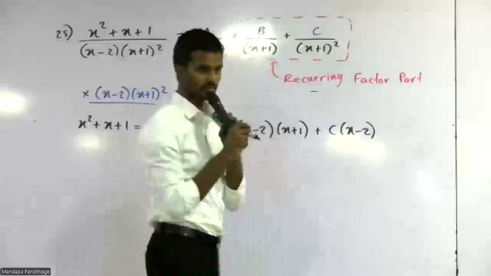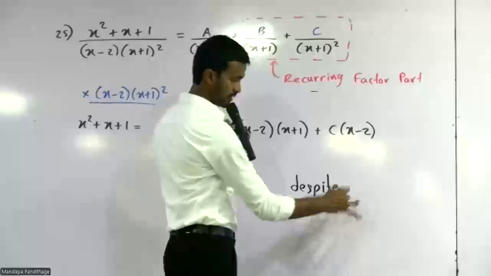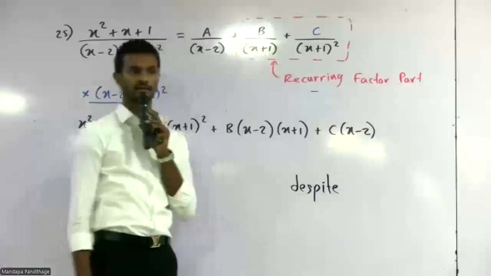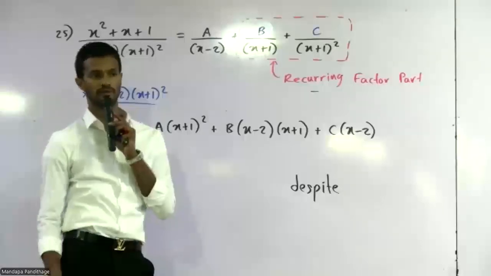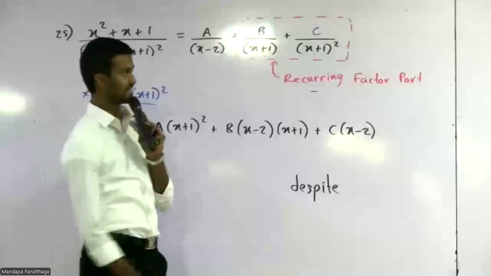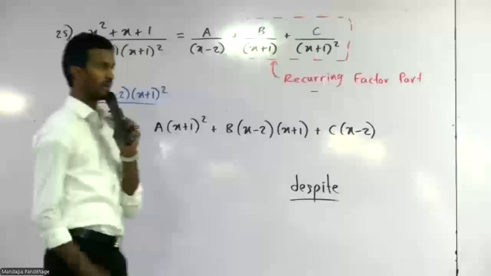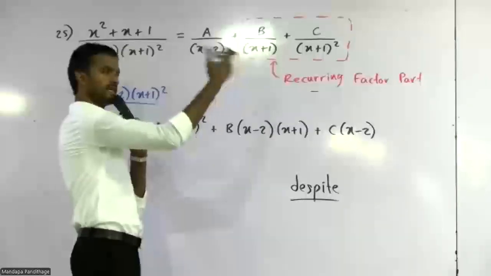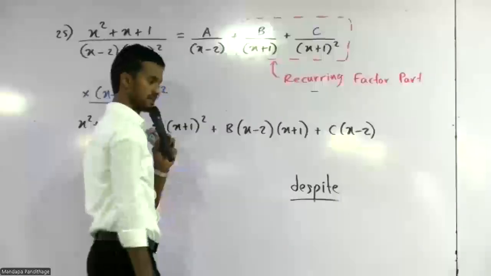Despite means whatever, the same meaning. Haven't you heard that word? When you message, don't use that despite, okay? Despite of the degree of the denominator. So whatever the degree of the denominator is, you don't have to consider it. The numerator should always be a constant.